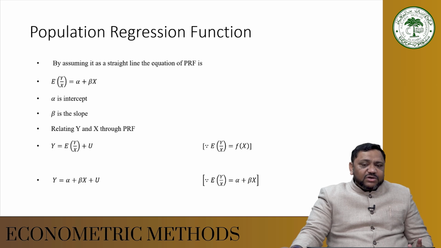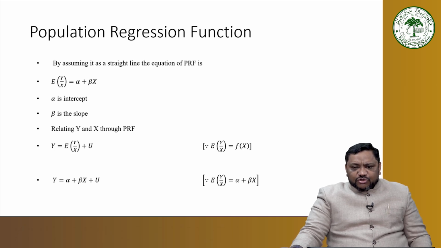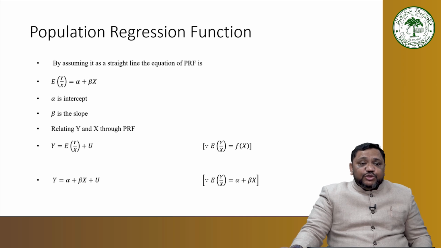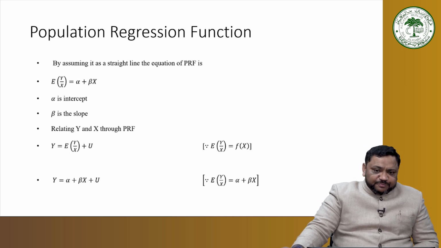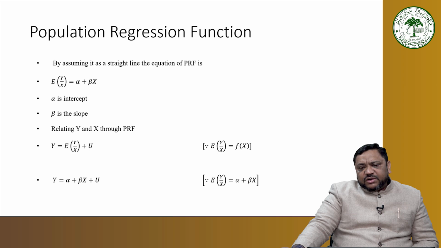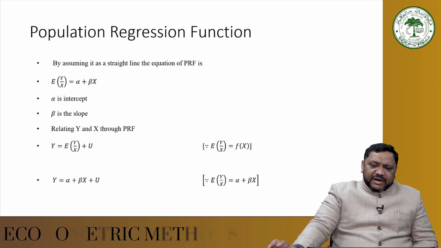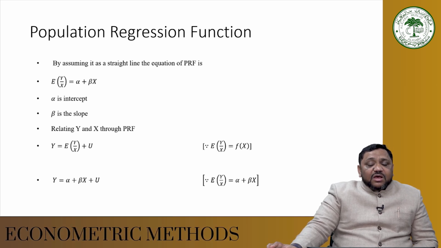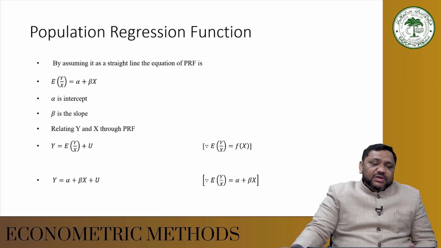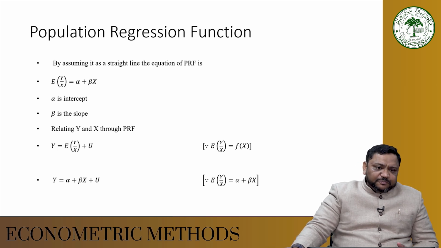Now the second thing is U, which is the random or non-systematic component. We shall examine shortly the nature of the stochastic disturbance term, but for the moment we assume that it is the surrogate or proxy of all the omitted or neglected variables that may affect Y but are not, or maybe cannot be, included in the regression model.